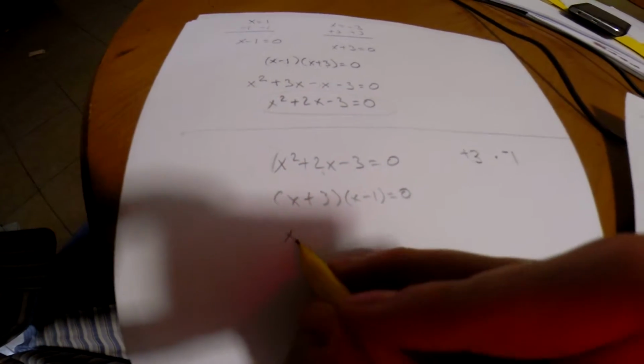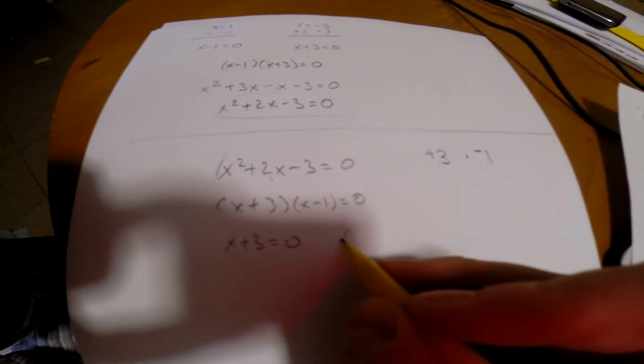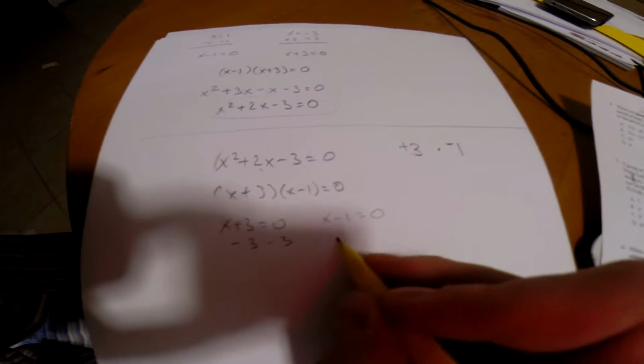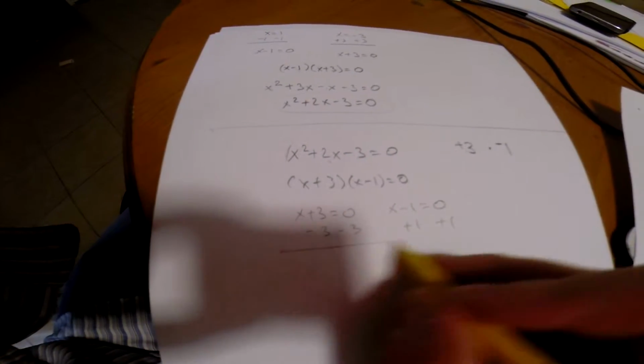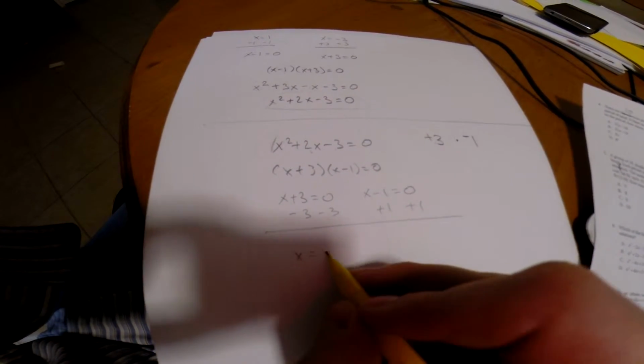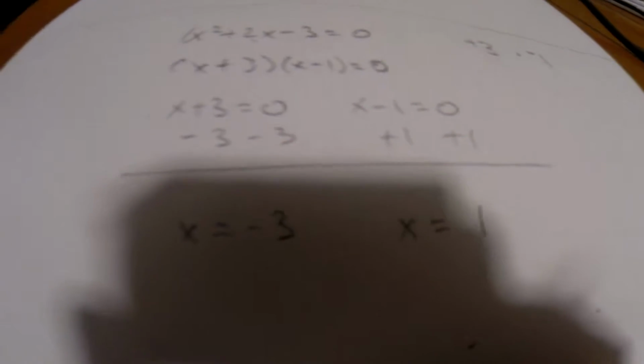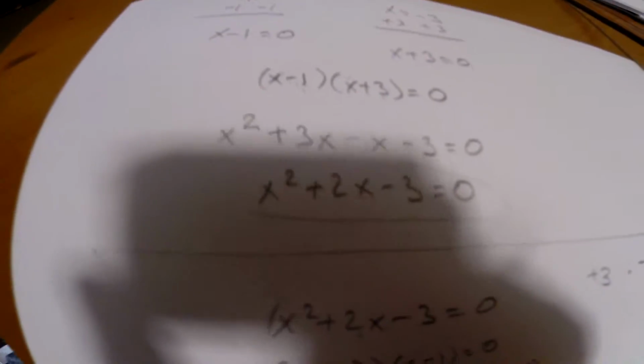And when I solve this, x plus 3 equals 0, x minus 1 equals 0, and then subtract 3 from both sides, add 1 to both sides. Boom. X equals -3, and x equals 1. Notice that if I go from here up, it's essentially what I did here, right? The same process.